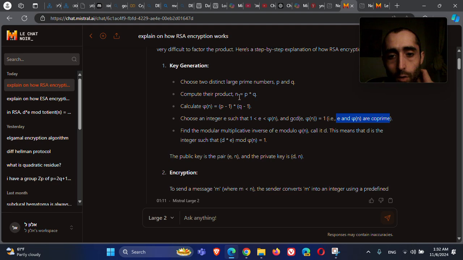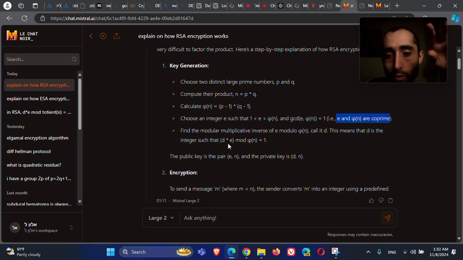So again, we get p and q, we get n, we get the totient of n, we get e between 1 and the totient of n, which is coprime, GCD equal to 1 between the two, and we need this GCD equal to 1 in order for e to have an inverse. We calculate the inverse, which will be used for decryption. e times d modulo the totient of n should be 1 in order for the decryption to work, as we showed with m.